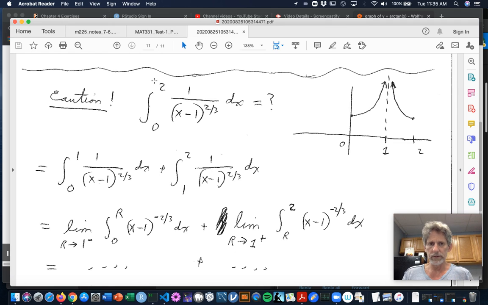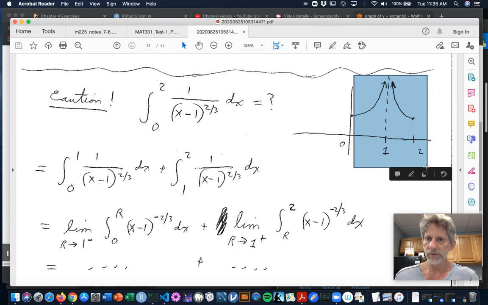Well, you actually don't. The thing is that this function is undefined when x equals 1, and 1 is in between 0 and 2. In fact, if you did the graph of 1 over (x minus 1) to the 2/3, you would see something like this. The function has a vertical asymptote at the vertical line x equals 1.